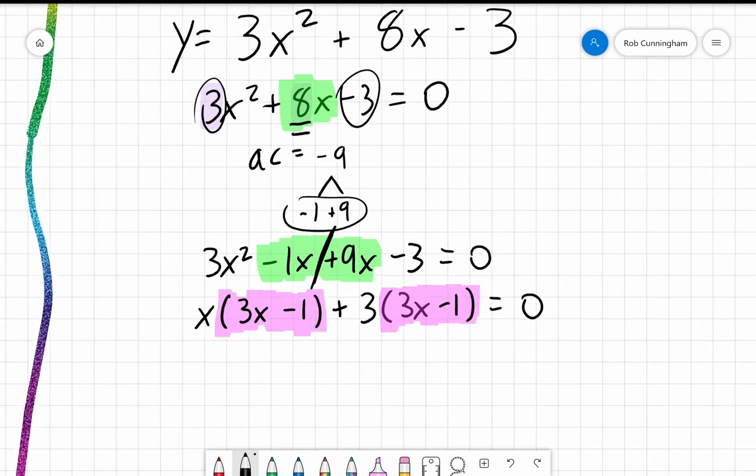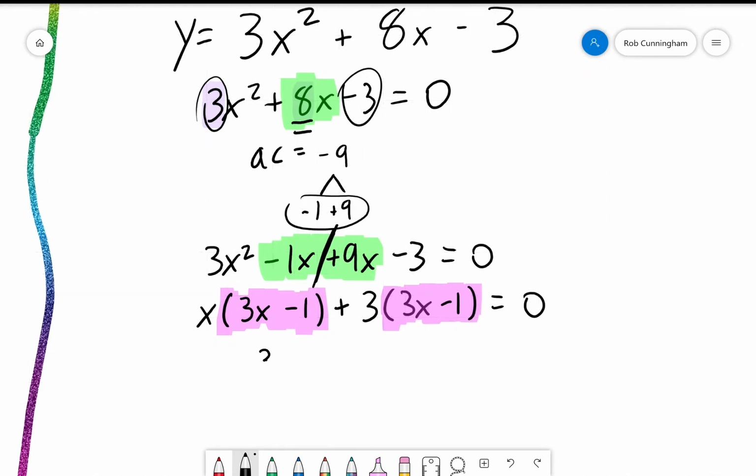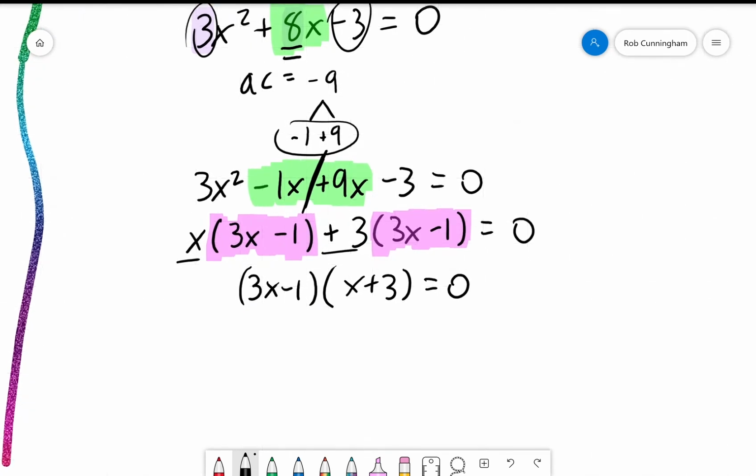We're going to factor the 3x minus 1 out. So we get 3x minus 1 times what's left over, x plus 3. We are now in factored form, and we are almost home free. Take each piece. 3x minus 1 equals 0. X plus 3 equals 0.